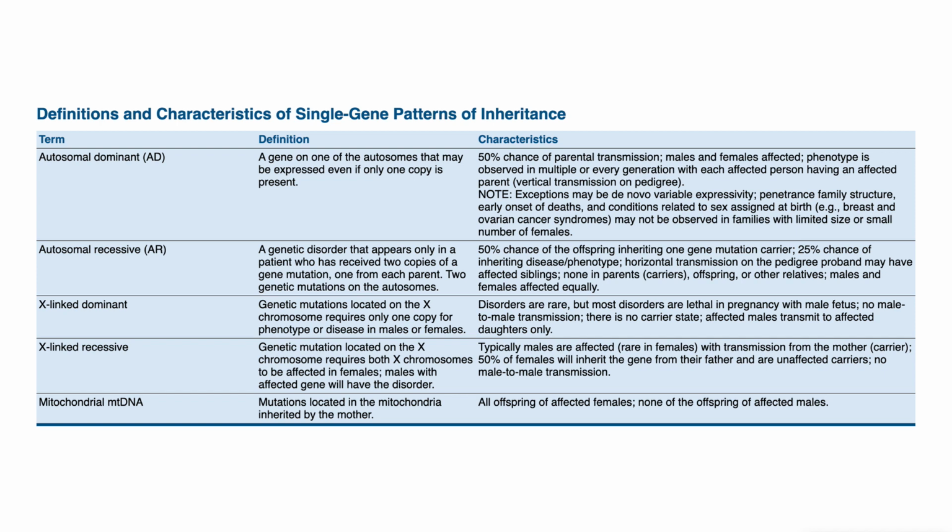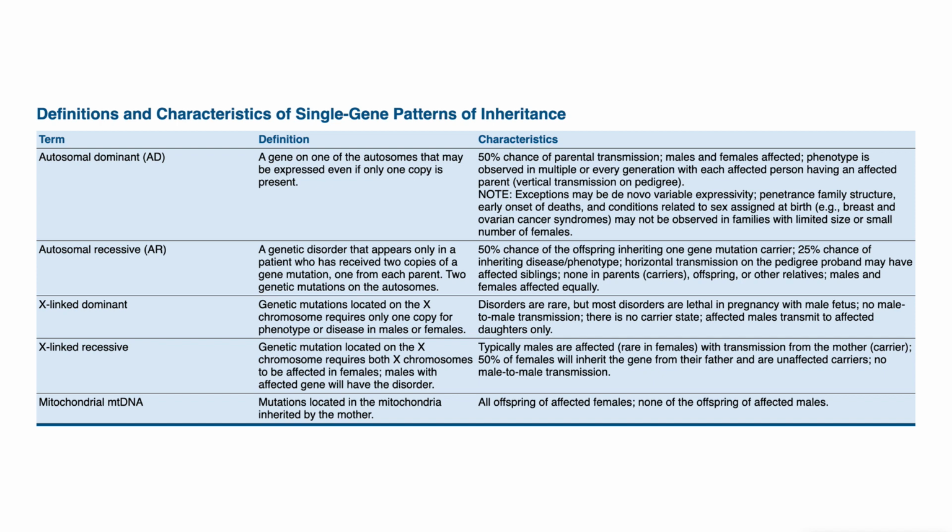There also is mitochondrial DNA, and these are within the mitochondria, not in the nucleus, and these mutations are located in its own DNA because the mitochondria carry their own DNA, and it has to be inherited from the mother. All offspring of affected females and none of the offspring of affected males will be affected.